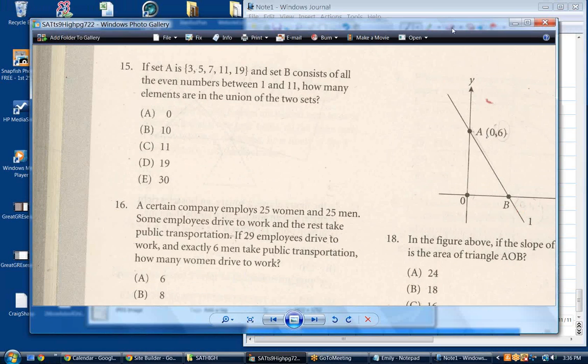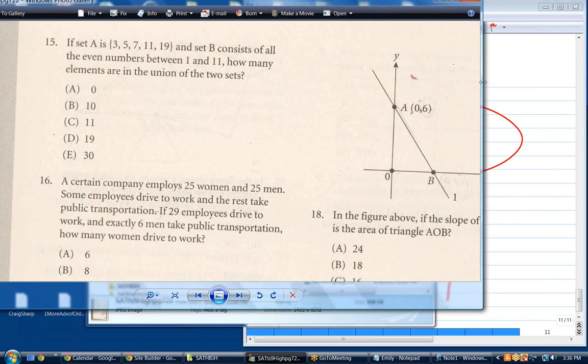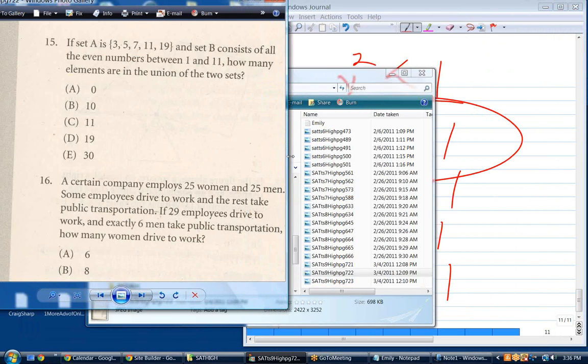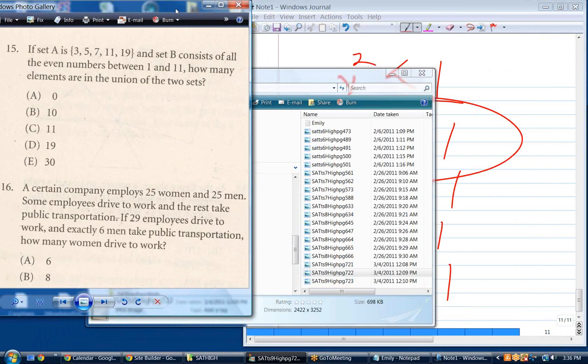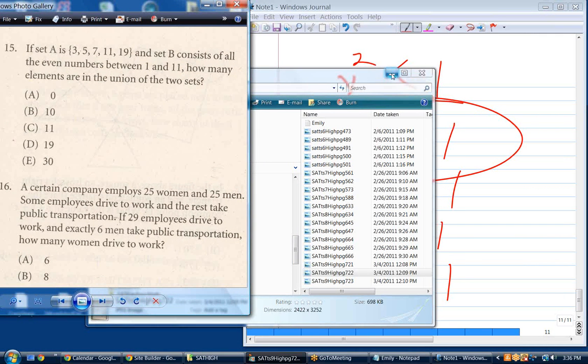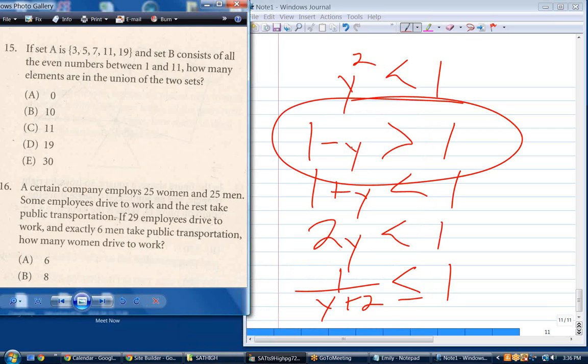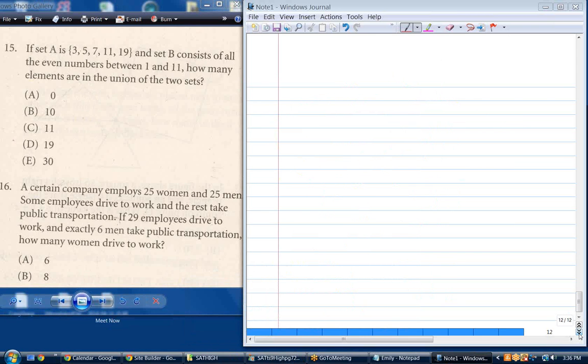Looked like a Venn diagram problem. Number 16, but let's look at 15 first. 29 drive, but only 6 men take public transportation.